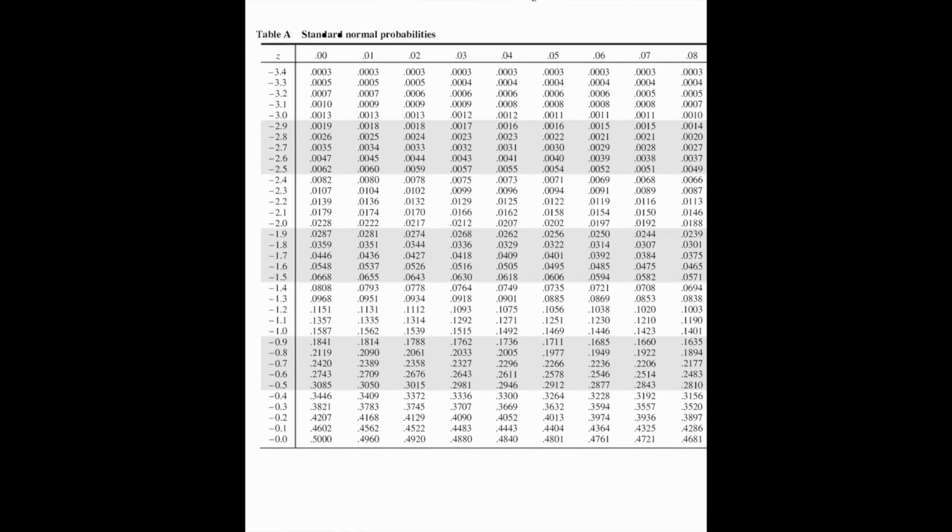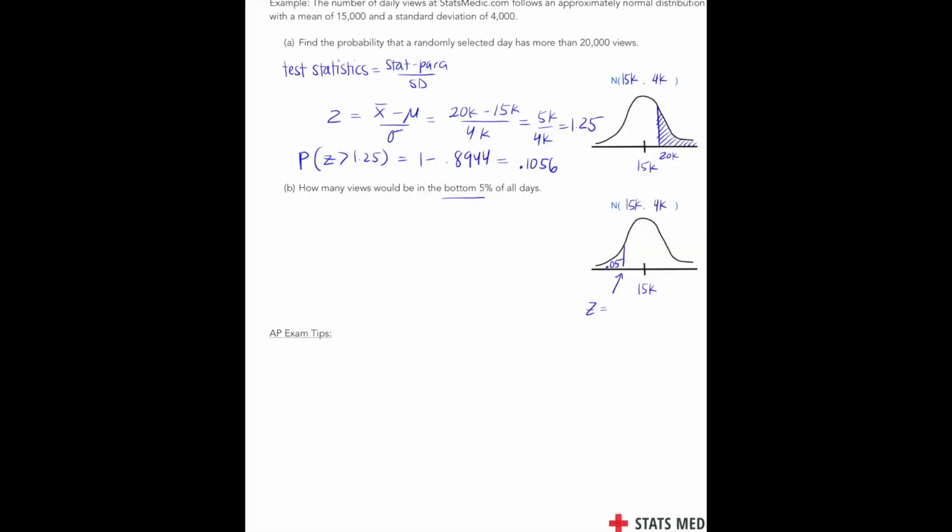So if I look for 0.05 inside the table, it's probably on this page, somewhere between here. These are pretty good numbers to use. So somewhat in the middle of those two, I'll do negative 1.645. Okay, so that's my z-score.